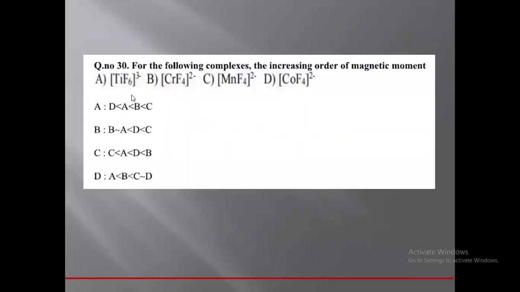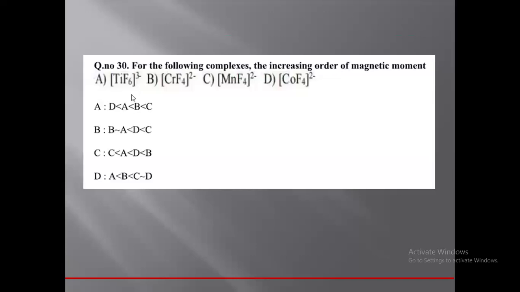Again, question number 30. For the following complexes, the increasing order of magnetic moment. So again here we have to calculate the magnetic moment. Titanium complex is there, chromium complex is there, manganese complex is there, and cobalt complex is there. I already discussed in question number 10 how to calculate the magnetic moment.